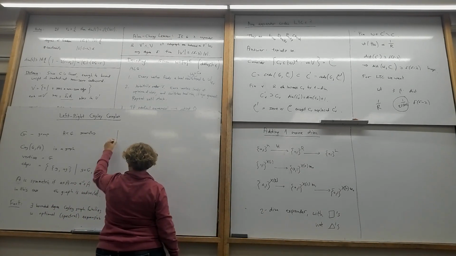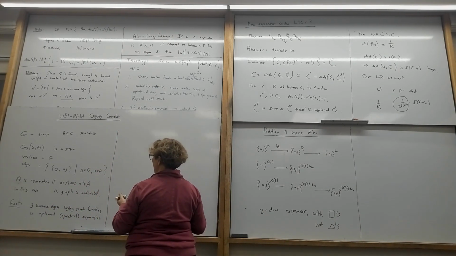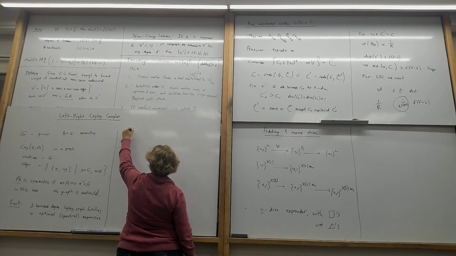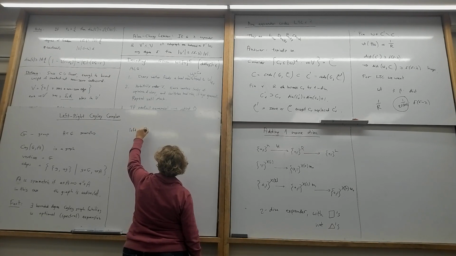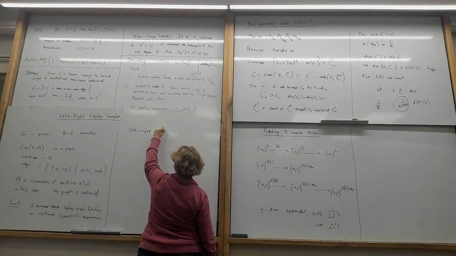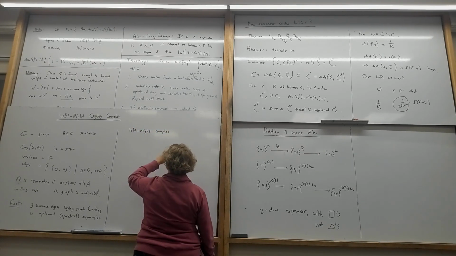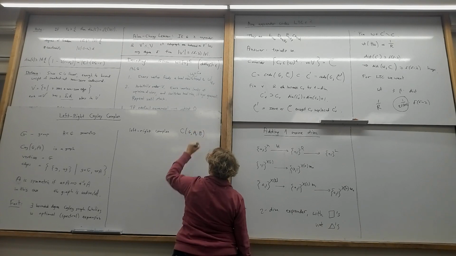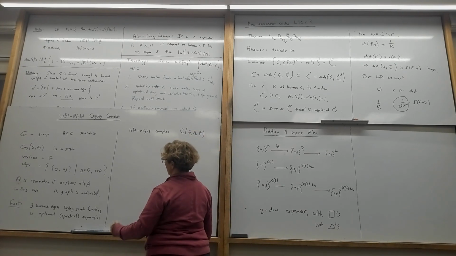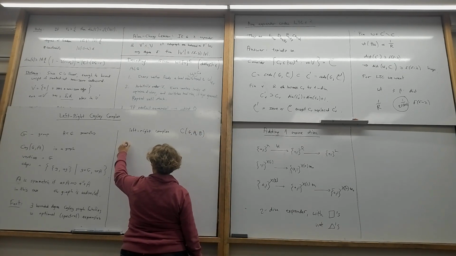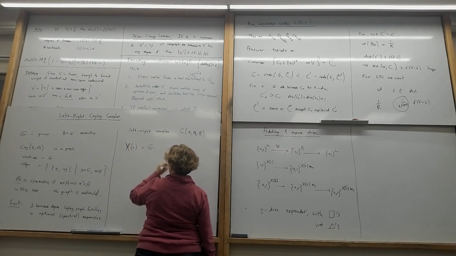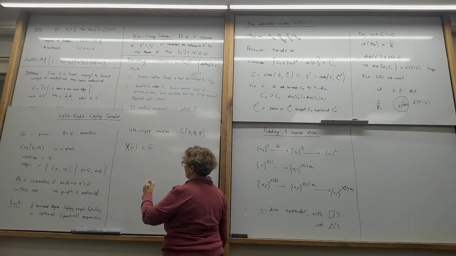So this is a graph, but we can combine both sides. So we can define the left-right complex. Let me call it with G and A and B. Okay, so the vertices, let me call it X0, are just going to be the group elements.